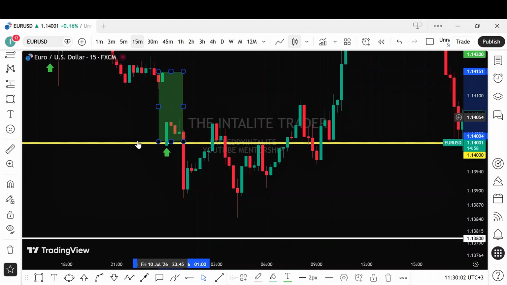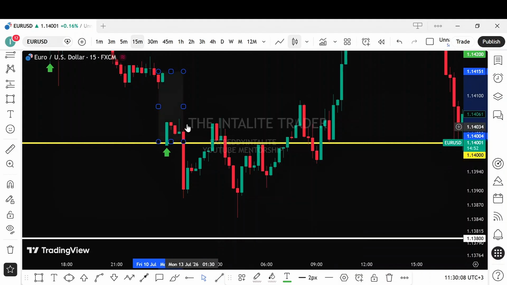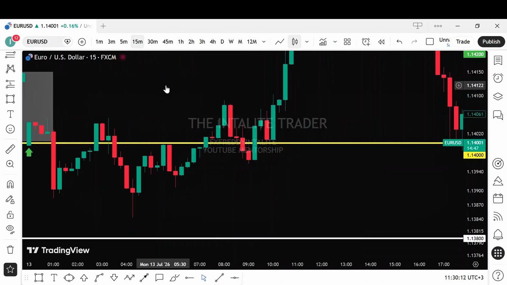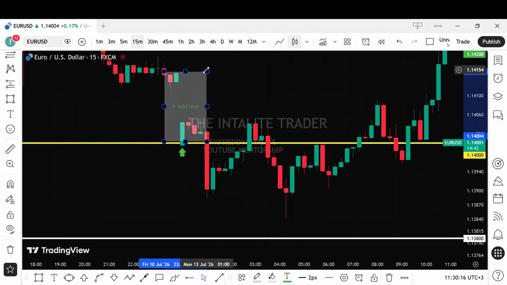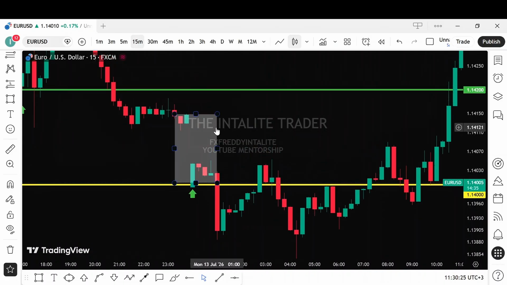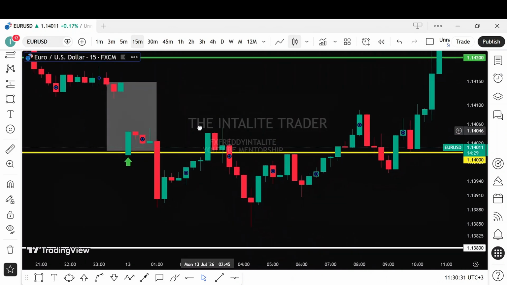Here, this is a gap. Price gapped down. This is the institutional level. If you remember the knowledge of gaps, price gaps from up here into this institutional level, the 0 level. Why did price not gap up? It gapped down into the institutional level.